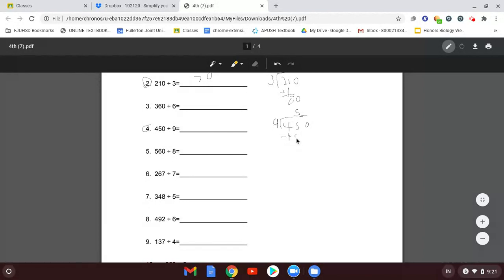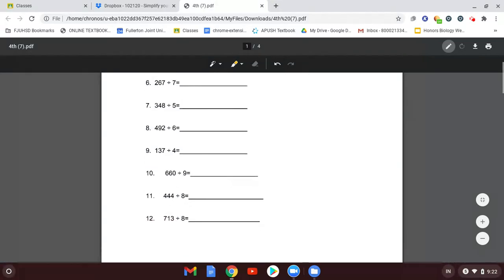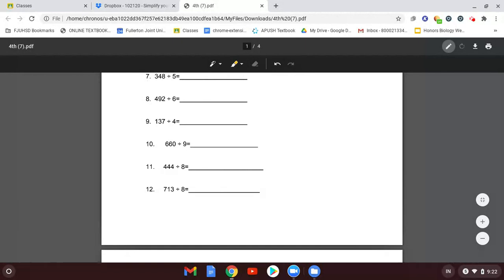Subtract the 45s. There's 0 and 0. The 0 is brought down. Okay. So 0 divided by 9 is 0, yes, because 0 divided by any number is always going to be 0. Okay? Hope that cleared up some understanding. I hope that was clear enough for you.